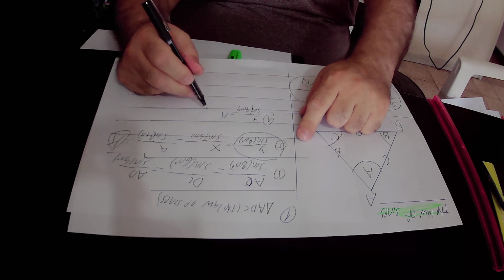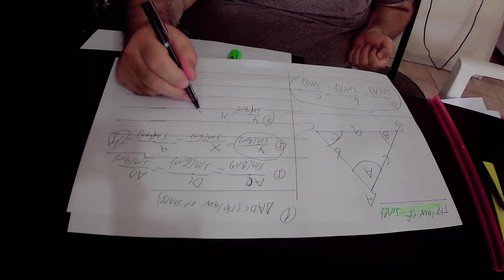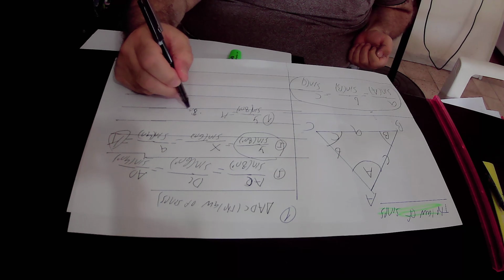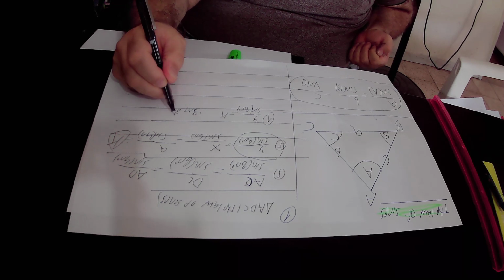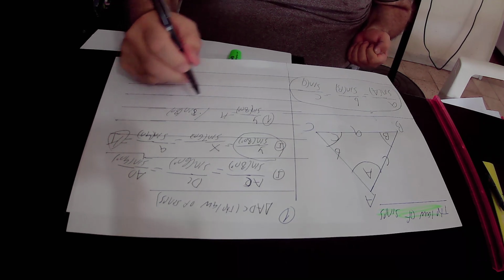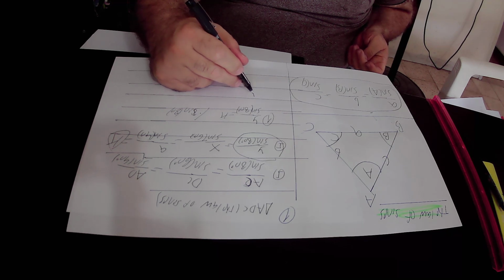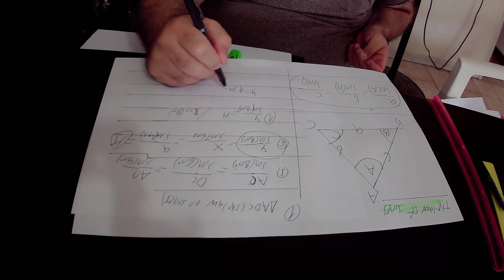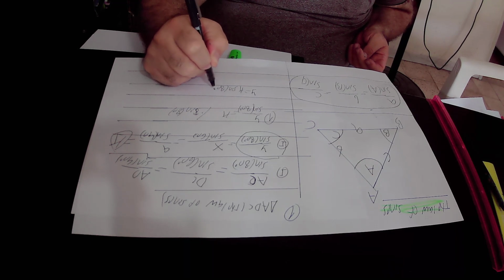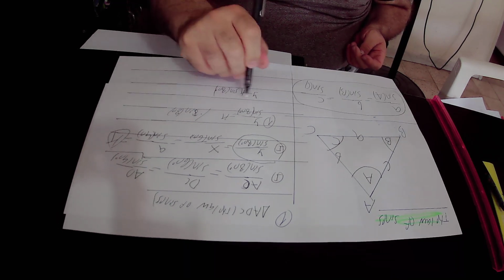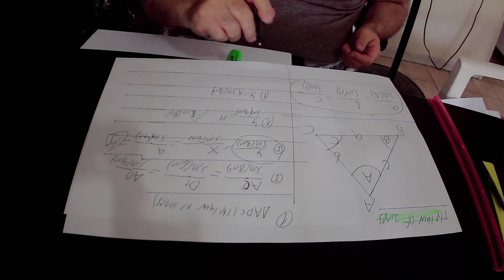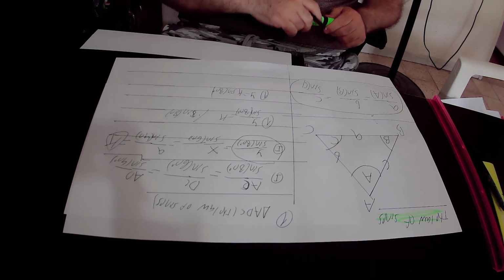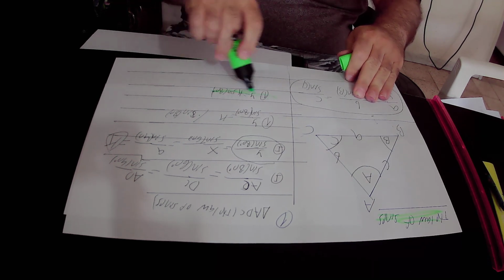Multiplying by sine 80 degrees, we get that y equals k times sine 80 degrees.